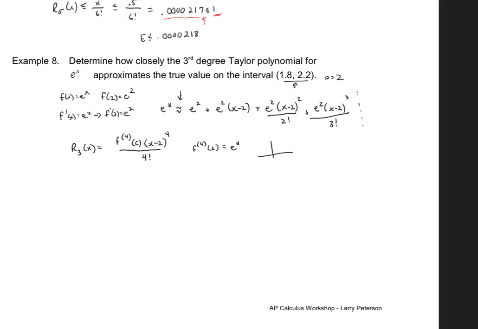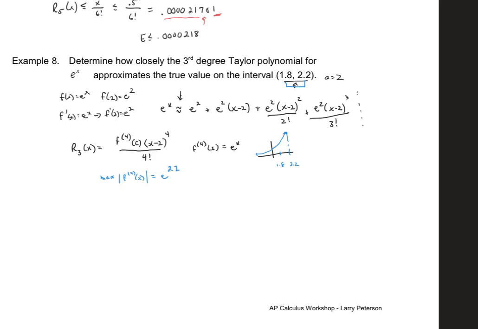And we know that e to the x is an increasing function. So we know that on the interval in question, from 1.8 to 2.2, the largest that the fourth derivative could be anywhere on that interval is going to be at the right endpoint. And so that's going to be at e to the 2.2 power.